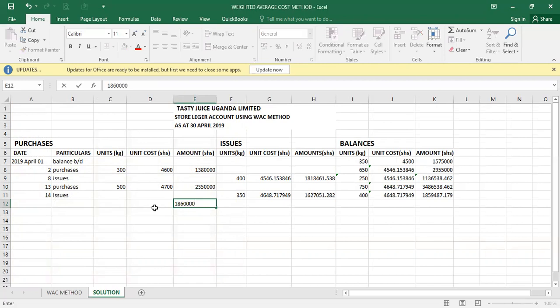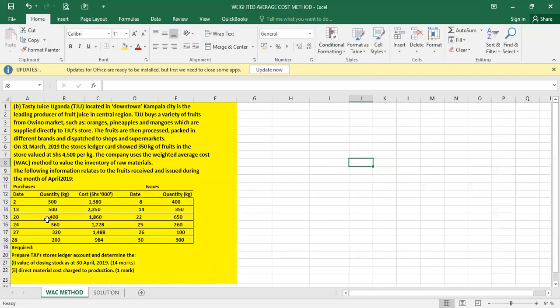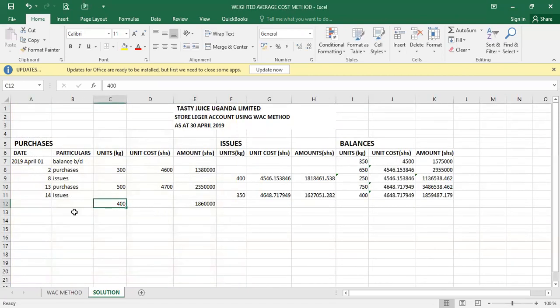Let me hope there are 400 units. Yeah, on 20th there are 400 units. So we are valuing that.